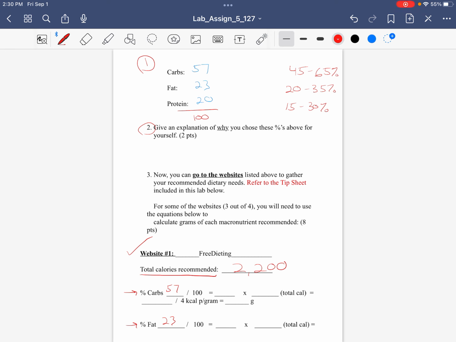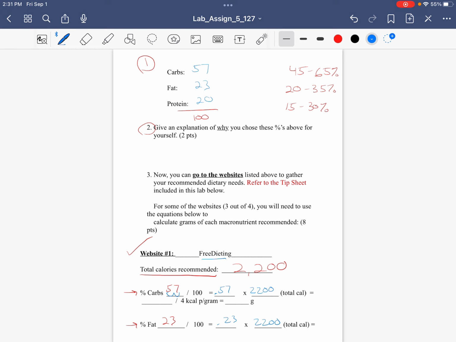So you're writing in whatever percentages you chose for yourself that add up to 100. Once I do that, now I just go from left to right and I do the math. So 57 divided by 100, if I just move the decimal point over 2, it's 0.57. 23 divided by 100 is 0.23. I'm going to multiply that by the total calories recommended. What did free dieting recommend? Because that's the one we're on. 2,200.